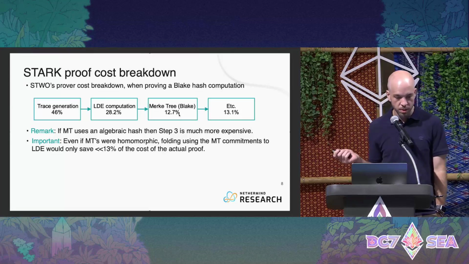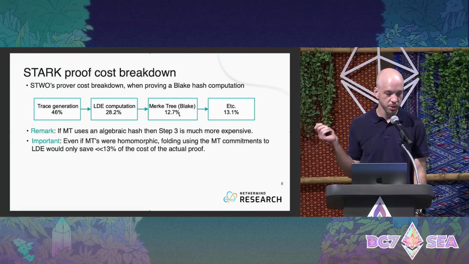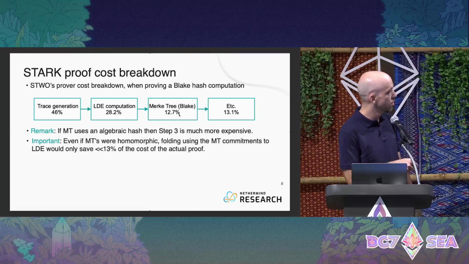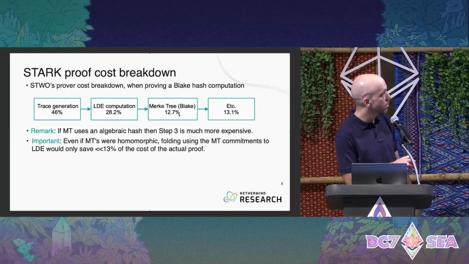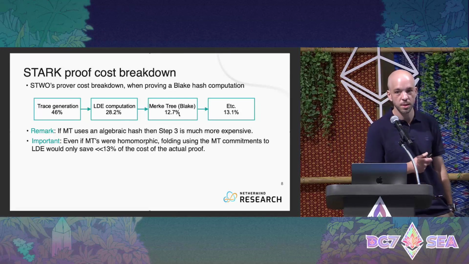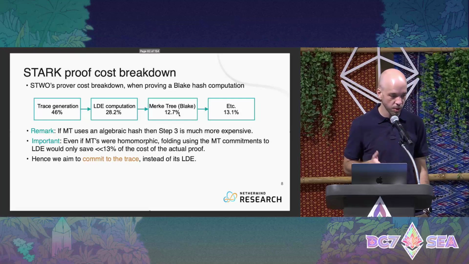Here's an important observation. Even if the Merkle trees were homomorphic, you don't want to do the folding with the commitments to the low-degree extension of the trace. Because at each folding step, you would perform this step, and this step, and you would save this part in here. And you would still need to do folding. So in the absolute best case scenario, you would save 13% of the total proof cost at each folding step, which is not a lot.